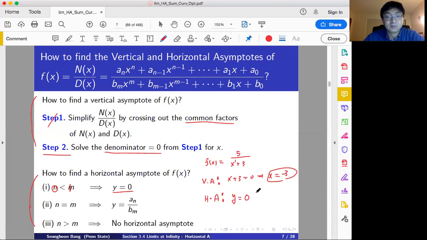So like this. One more problem. f of x equals 3x plus 1 over x minus 2. Similar. What is the vertical asymptote?